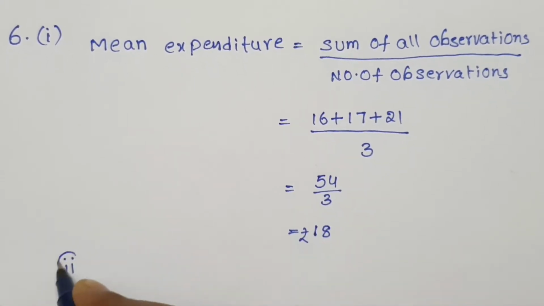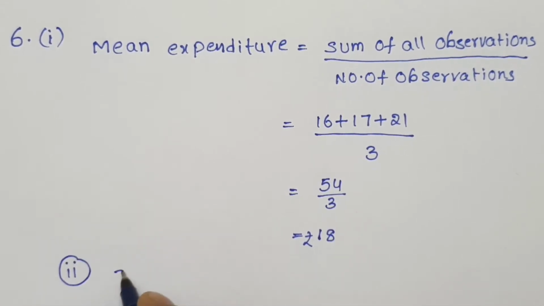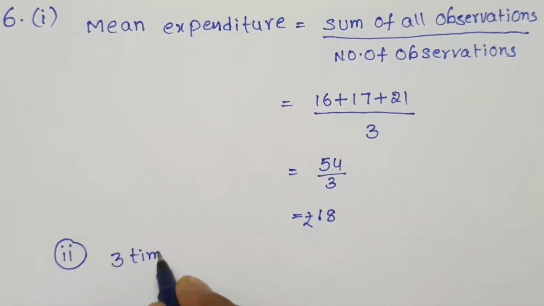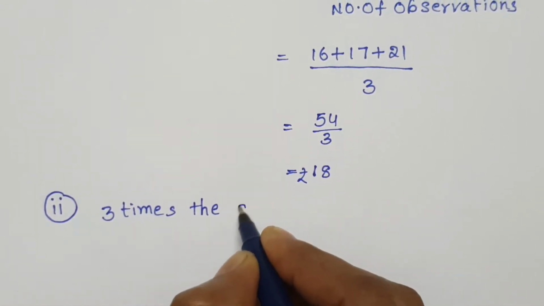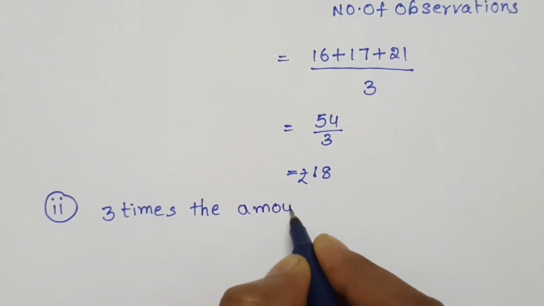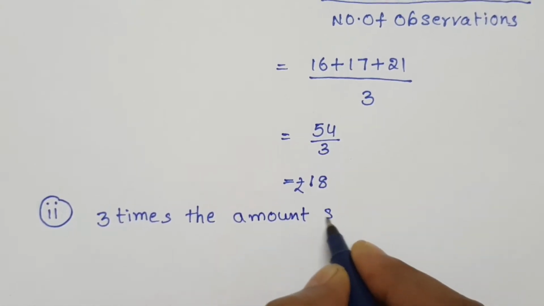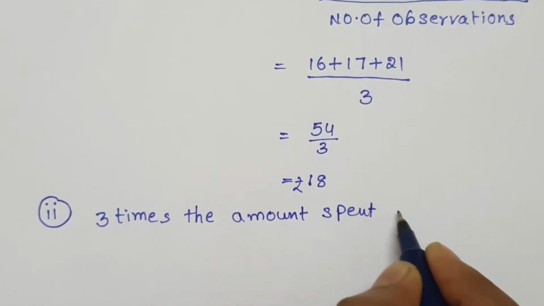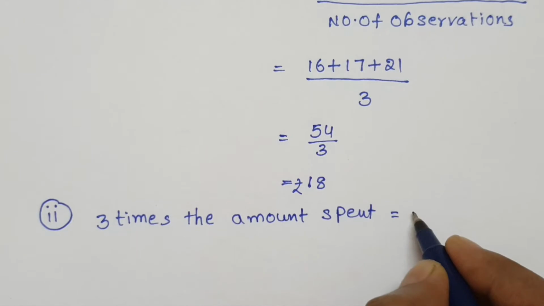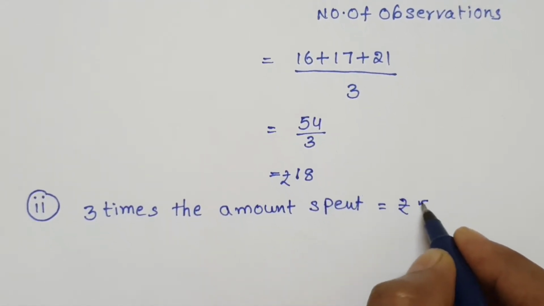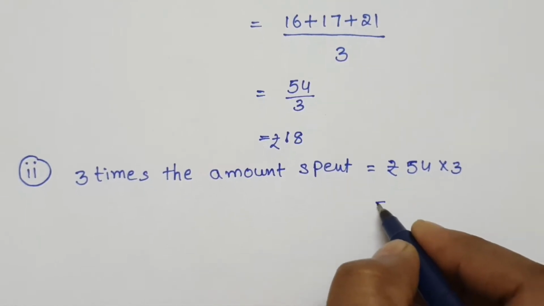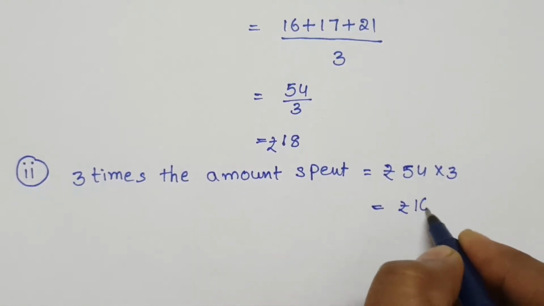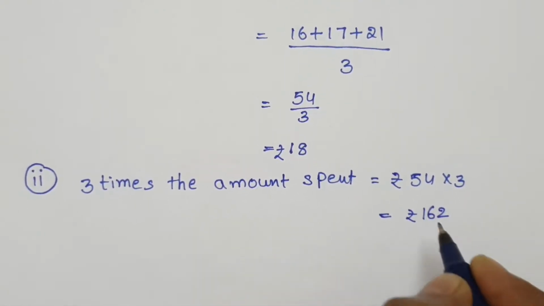Next, second one. 3 times the amount spent. 3 times means 54 into 3, we will get 162.